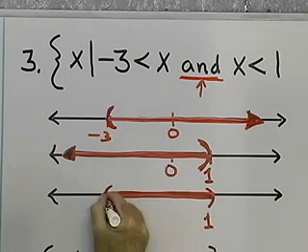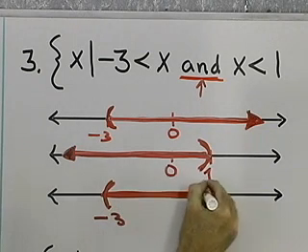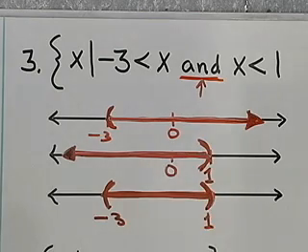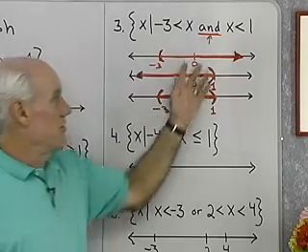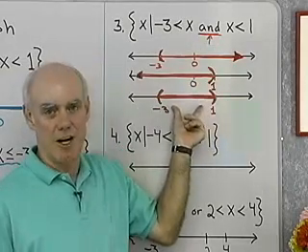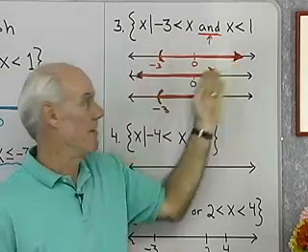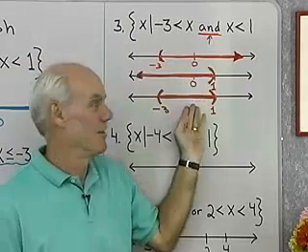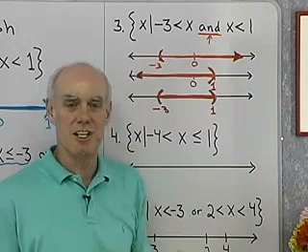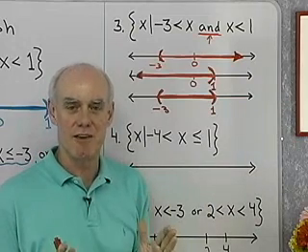So in this case, I get the intersection of those two sets because the two inequalities are connected by the word and. So when I have two inequalities connected with the word and, I end up graphing the part that they have in common, all the numbers that are on this graph and also at the same time on this graph. When it's the word or, I graph everything I see. When it's the word and, it's the intersection of the two sets, and so I only graph the common part.